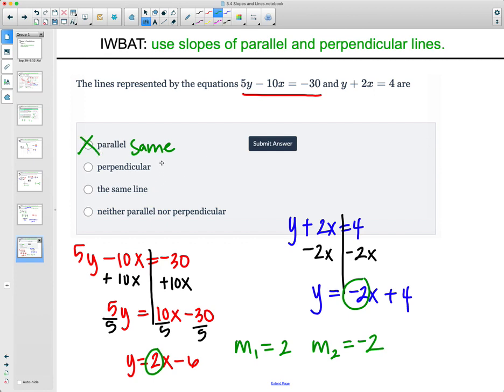To be perpendicular, they need to be opposites, which they are, and reciprocals, so flipping the fraction, which they are not. So we had the opposites, but we didn't have the reciprocals. Exact same line would have everything the same. It would say 2x minus 6 and 2x minus 6, which it does not. So these are neither parallel nor perpendicular.